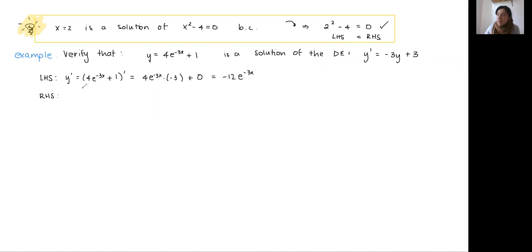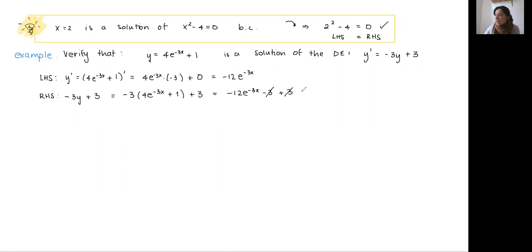Right? So that means I'm going to have minus 3 times y plus 3. And this is going to be equal to minus 3 times 4e to the minus 3x plus 1, plus 3, which is equal to minus 3 times 4, which is minus 12, e to the minus 3x, minus 3 plus 3.